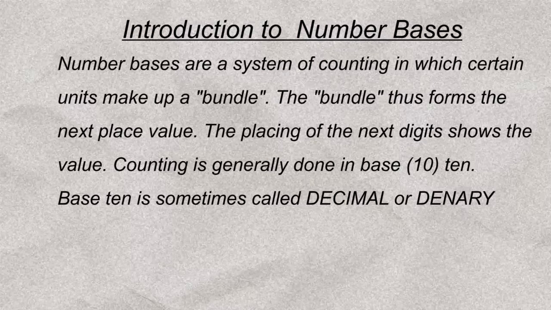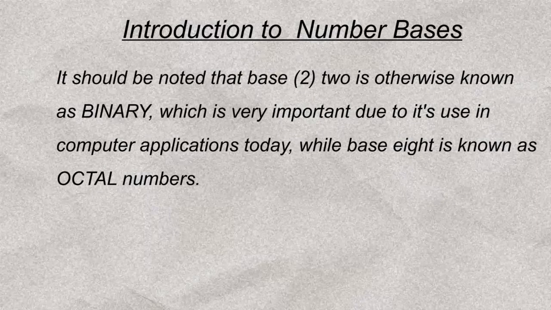Counting is generally done in base 10, which we call the denary or decimal number. We should also note that base 2 is called the binary, which is very important because it is used in computer applications today, while base 8 is known as the octal number.